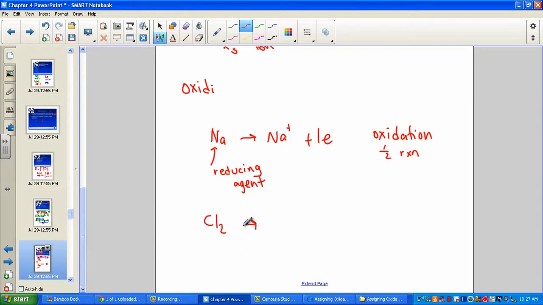We had chlorine gaining 2 electrons to form 2 units of chloride. Notice the charge on both sides of our arrow is the same. They don't have to be 0, but they have to be the same. -2 is the charge on the left, and -2 is the net charge on the right. This was called a reduction half reaction.